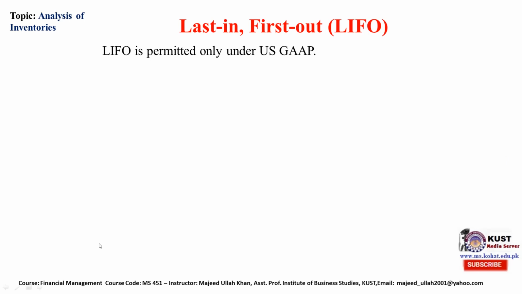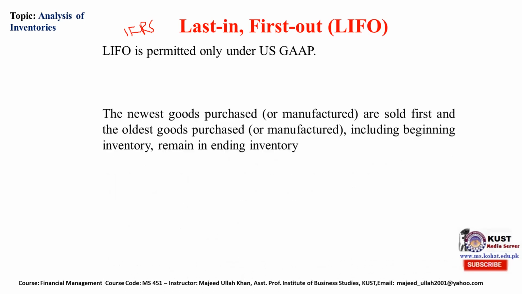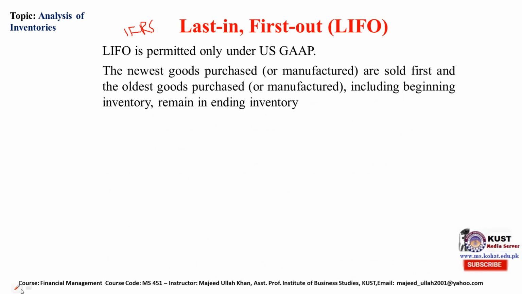Further, LIFO method. LIFO is not permitted by IFRS. It is permitted only by US GAAP. So the newest goods purchased, it means that the newest goods purchased or manufactured are sold first.